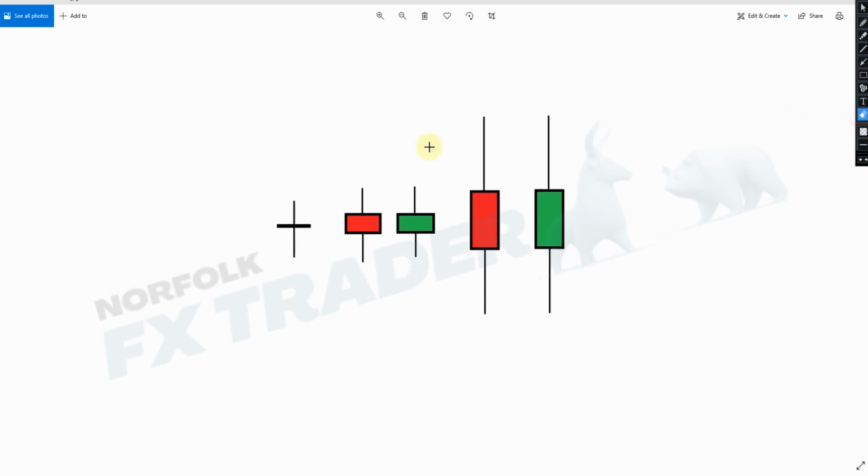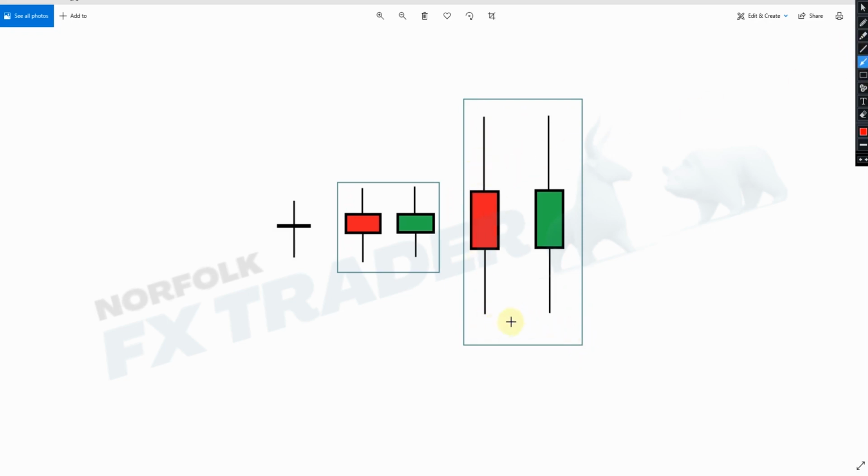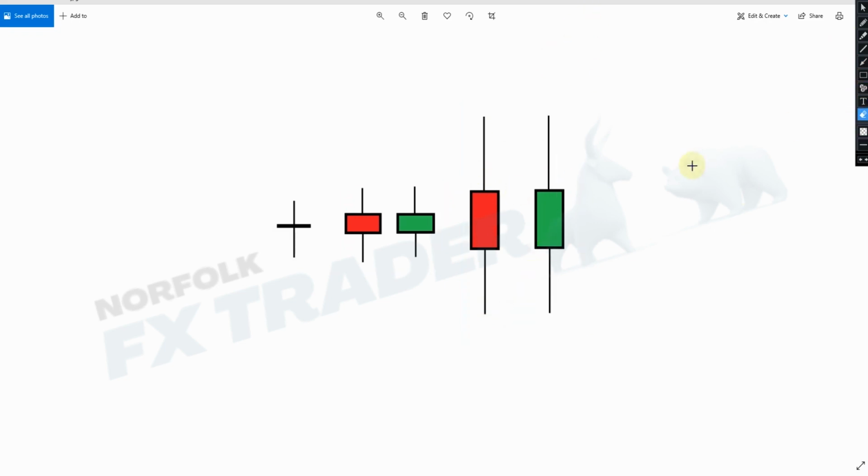Now, there is a way you can still draw a zone off these candles, and the way you look at drawing the zones is most probably these two candles here, which are the spinning tops. And you could even potentially use these candles if there's nothing else on the chart. If this is where we're seeing the market pushing down and then we see a strong push up, then you can still use that candle in that situation.